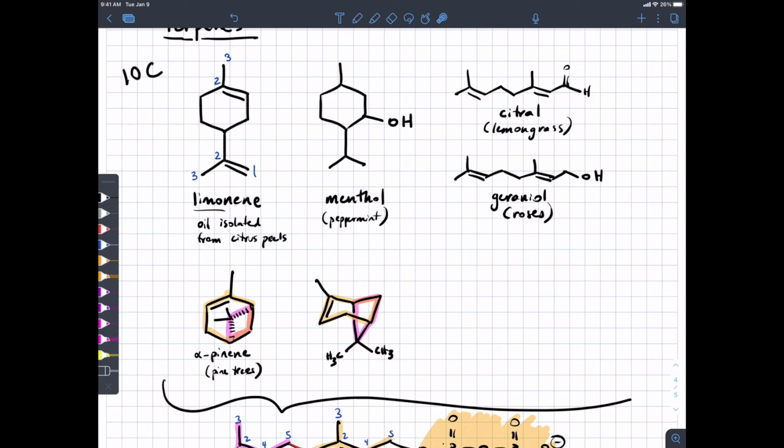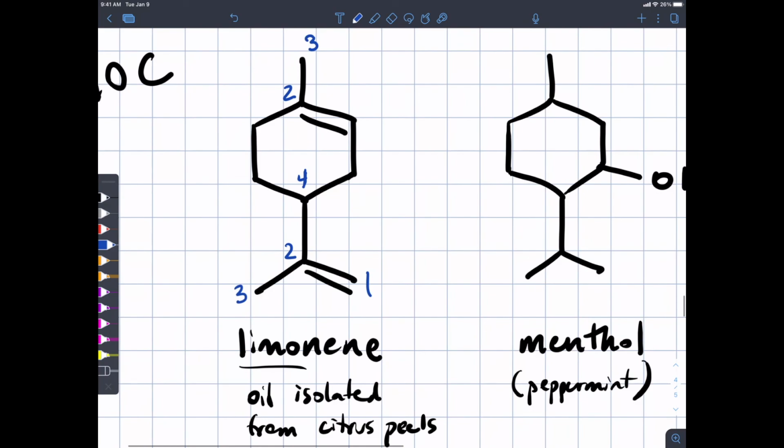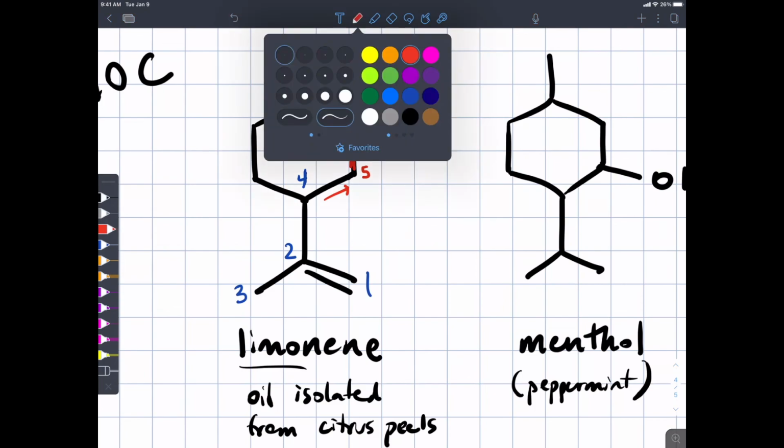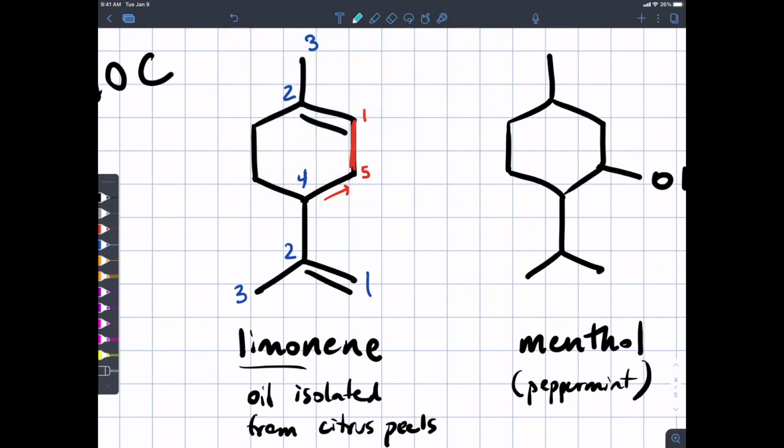Okay, so we'll call this carbon 4. Now, there's a couple of ways I could go. I could go this direction and call this carbon 5 and then this carbon 1. And that would work, and then I would say this is the bond I formed. Or, alternatively, and this is the part I think you will hate, I could have gone this direction and called this carbon 5 and this carbon 1.